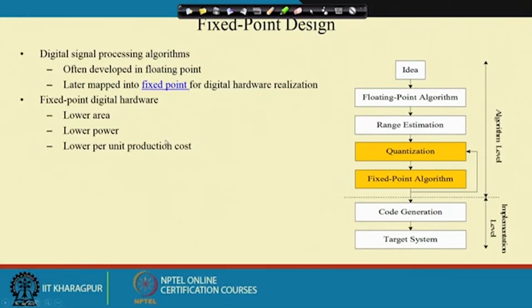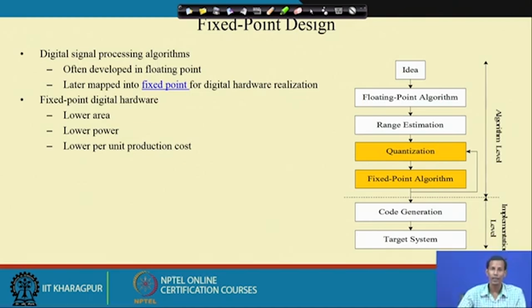Because whenever we design hardware for any system or algorithm, my primary target is to achieve low area, low power, maximum frequency of operation, and along with that lower production cost per unit. These are the things to remember whenever we design the corresponding hardware for that system or algorithm.